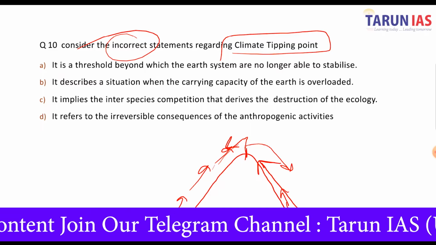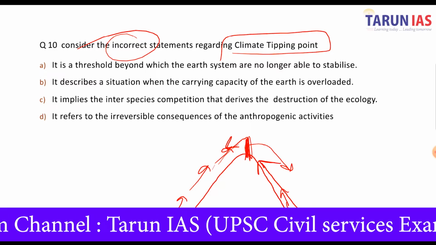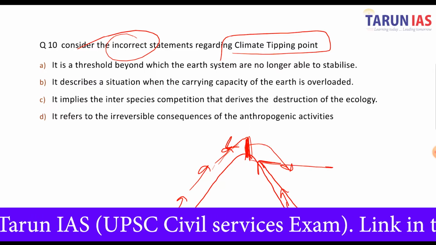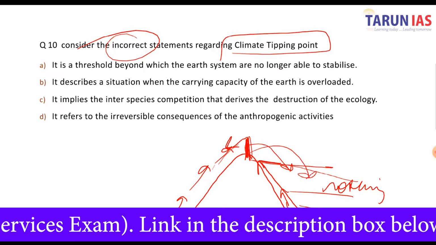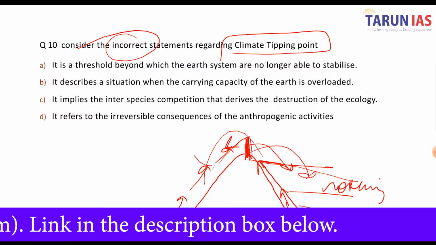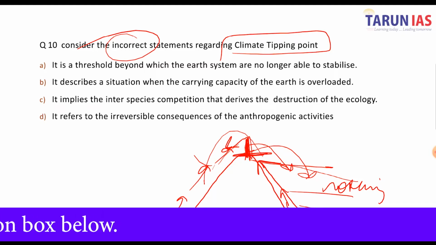Basically, this is that tipping point, and here we have nothing. If we fall here, then we can't go back. So this is what the tipping point is. That means it's a threshold from where there is no return.